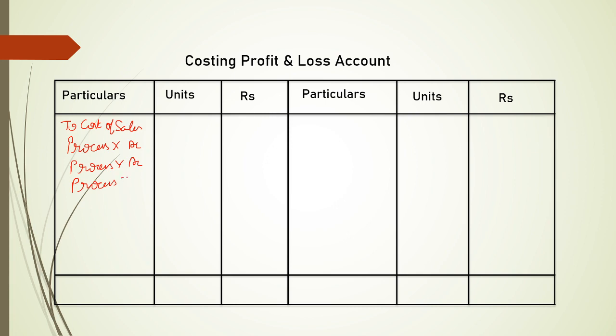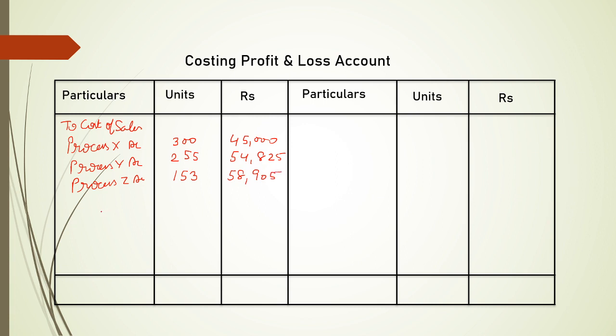These are transfer entries. So in process X, 300 units are sold out, costing 45,000. Process Y, 255 units are sold out, costing 54,825. And in process Z, 153 units are sold out, costing 58,905 rupees.